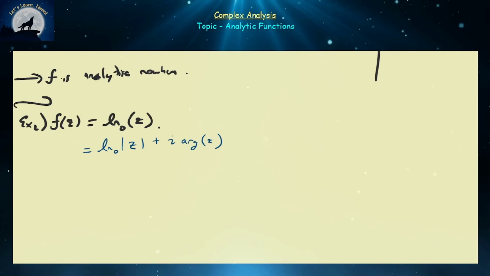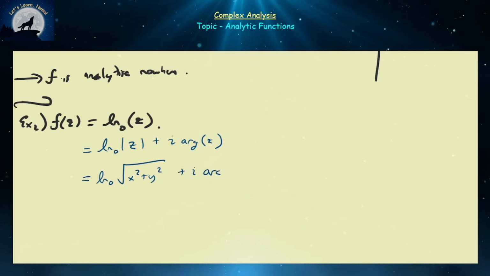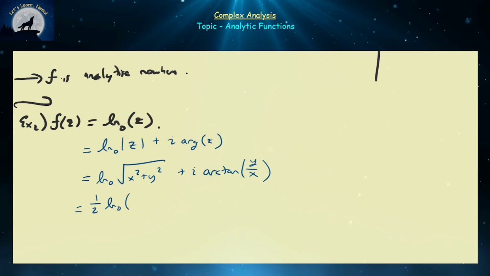So what is the magnitude of z equal to? Well, that's going to be the natural log of the square root of x squared plus y squared, and then we're going to have i times the arctangent of y over x. And then we can make this a little bit nicer, write that as 1/2 times the natural log of x squared plus y squared, plus i times the arctangent of y over x.